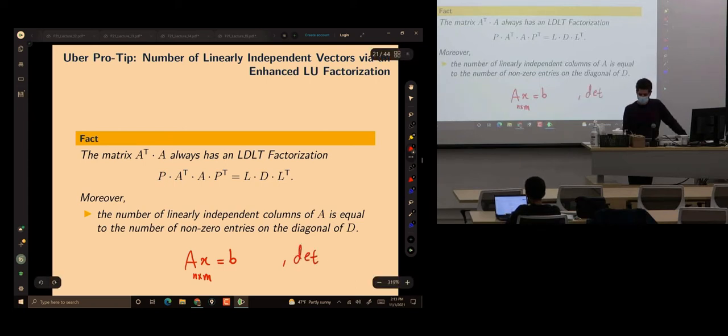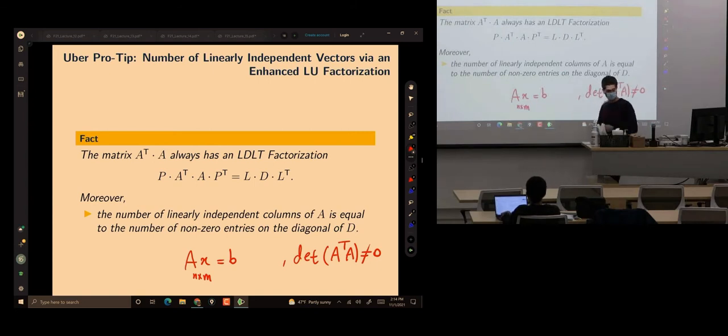Then we could say that if the determinant of A transpose times A is not 0, then there's a solution, right? Now, if there's a solution, then it's unique. That was the condition to say that if there's a solution, then the solution is unique.